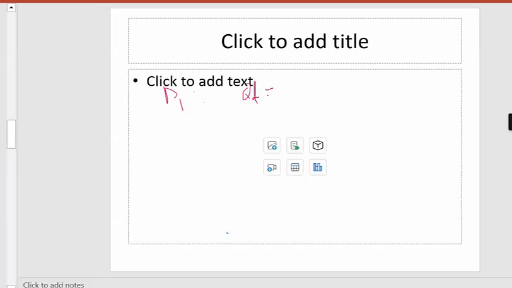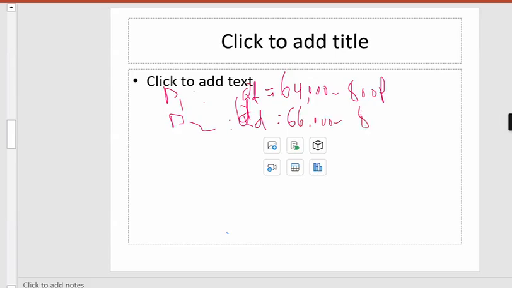QD is 64,000 minus 800 P, right? Alafu D2 baada ya price ya competitor kuongezeka, minus 800 P. I just want to show the effect now by sketching.